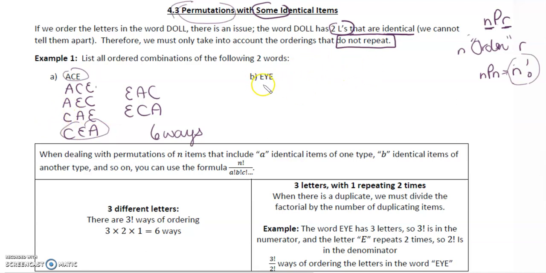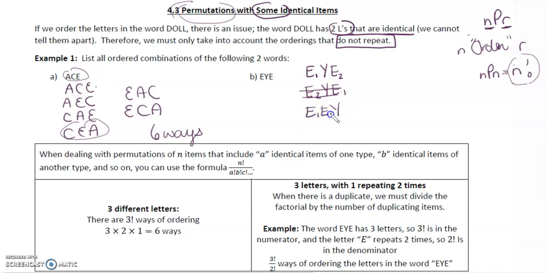Now part B, EYE. Essentially we have E1 and E2. But if we spell it with EYE and we put the second E first and the first E as the last letter, these are actually duplicates, so we don't include that one. What about EEY?